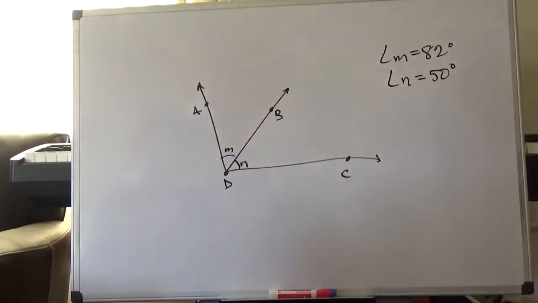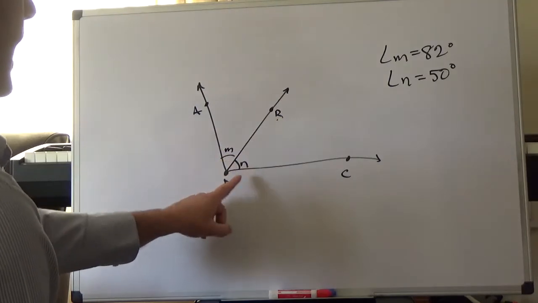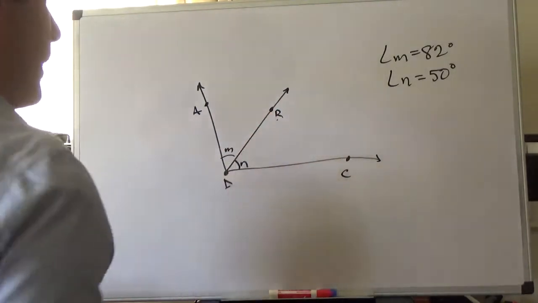Angle M is the same as ADB, and angle N is the same as BDC or CDB. Again, we just talked about that.